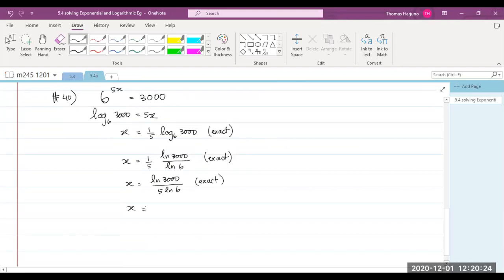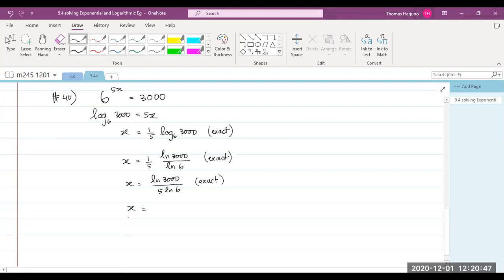Okay, so that's natural log of 3000 divided by parentheses 5 times natural log of 6.